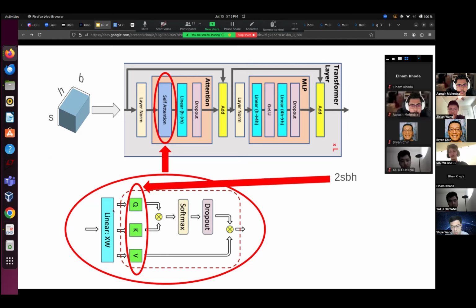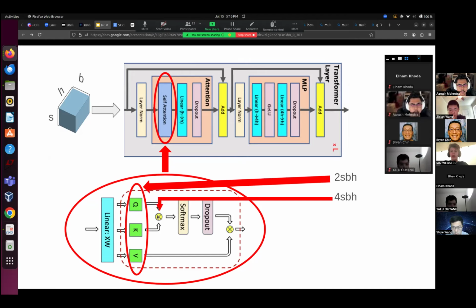After you do your linear section, the outputs are going to require 2SBH bytes to store for all these operations. Then the Q times K operation is going to take 4SBH to store. I should specify, remember the activations are associated with the inputs to each one of these operations.